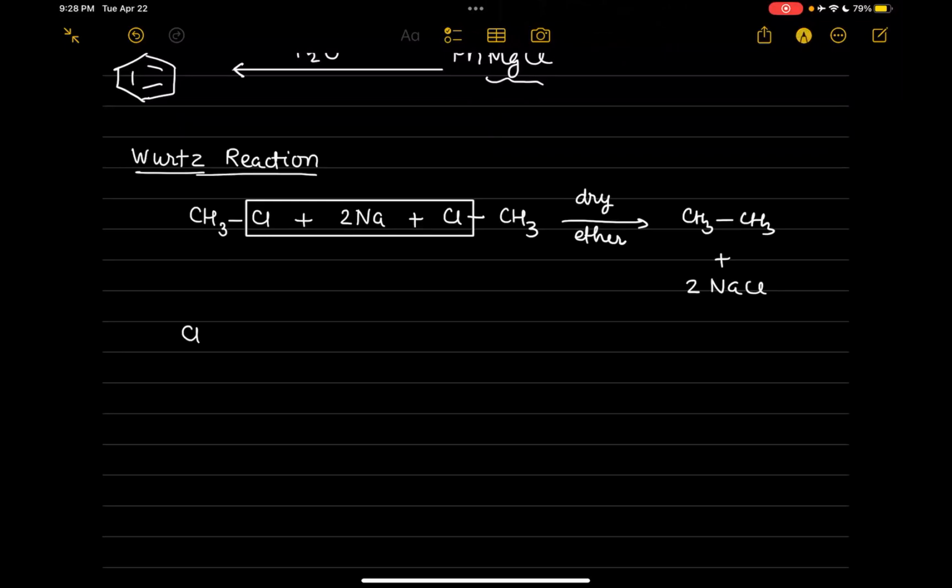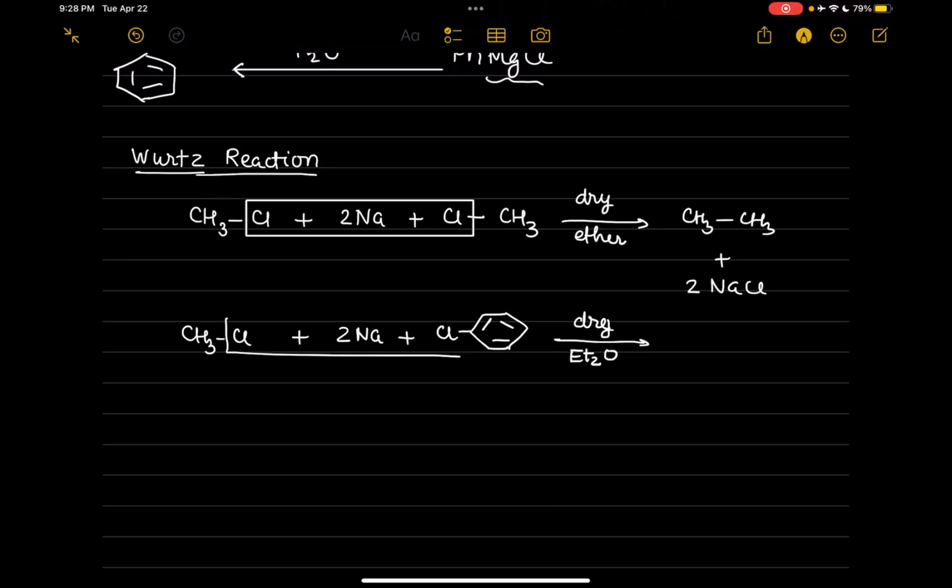This is also a reaction with metals. If you take an alkyl group and one benzene ring containing group, that is an aromatic group, or aryl halide or aromatic halide, all are the same thing, in the presence of dry ether, I have written the ether as Et2O, diethyl ether, the abbreviated name.